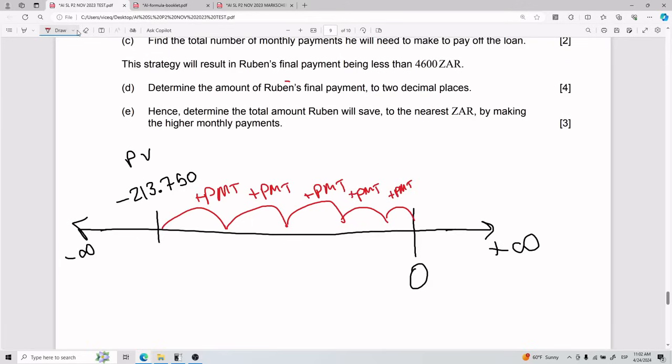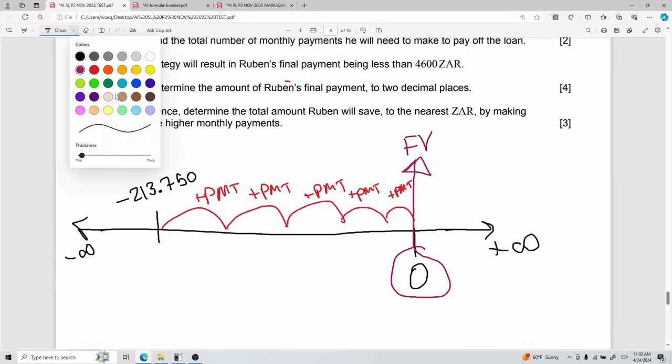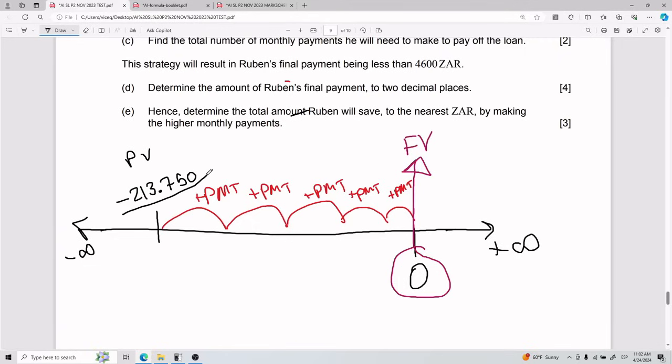And so this also tells me that 0 is going to be your future value. Our good old friend Ruben has a crap ton of debt. He needs to pay monthly a bunch of times until he does not owe anything, until his FV is 0.